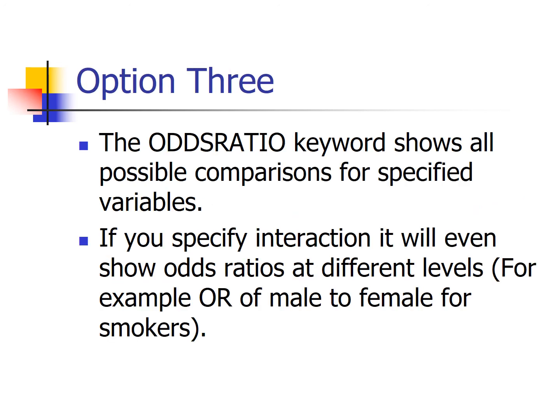So let's zero in on this easiest option. The odds ratio keyword, as I said, shows all possible comparisons for specified variables. And even cooler, if you specify interactions, it will show you odds ratios at different levels, right? So for example, if you say there's an interaction between sex and smoking, it will show you the odds ratio of male to female for smokers, as well as the odds ratio of male to female for non-smokers.